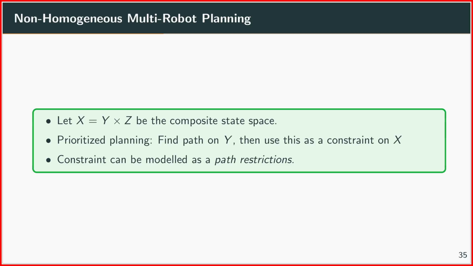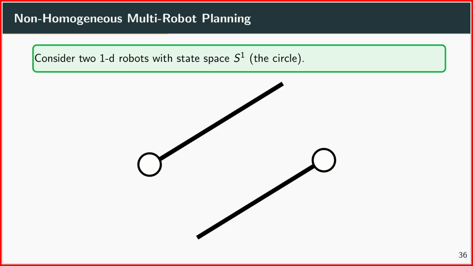And so how do you do that? You can actually do that by a concept called a path restriction, which is the way of how you model paths from one of the spaces as a constraint on the full space. And for that, let me give you a small example of two 1D robots with a state space S1.